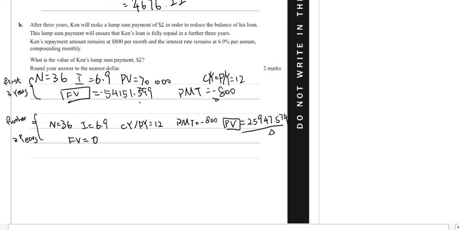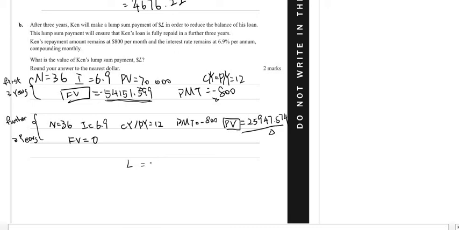So if you notice over here, there's a difference between the amount he owed after the first 3 years and the amount he owed at the beginning of the further 3 years. Okay, so the lump sum payment L is the difference between them.